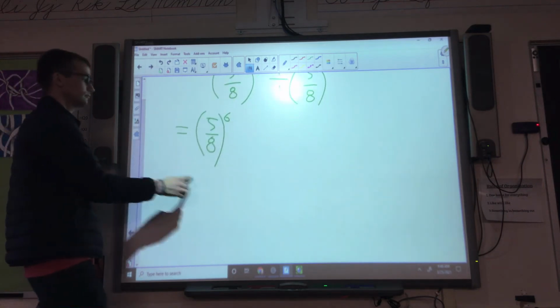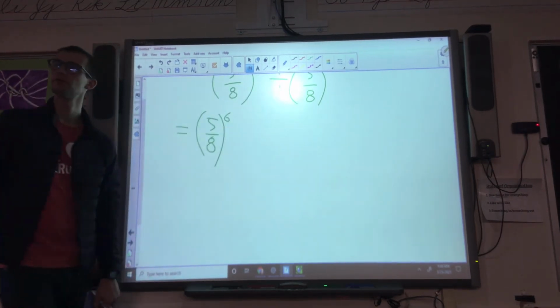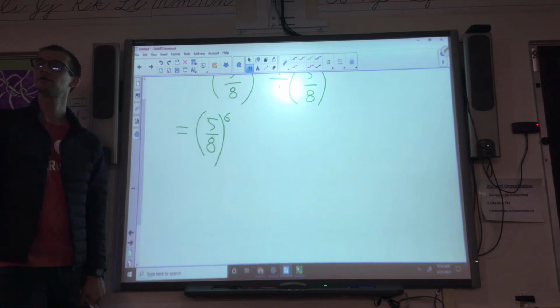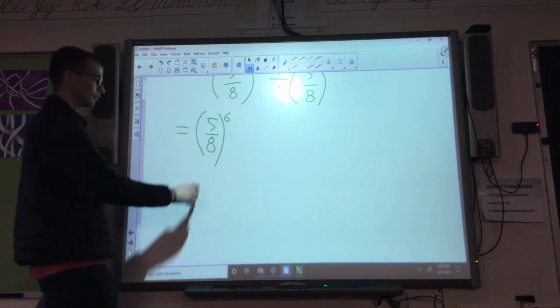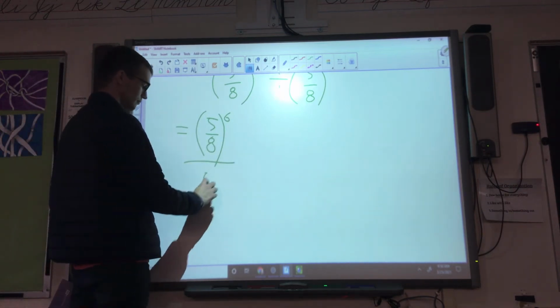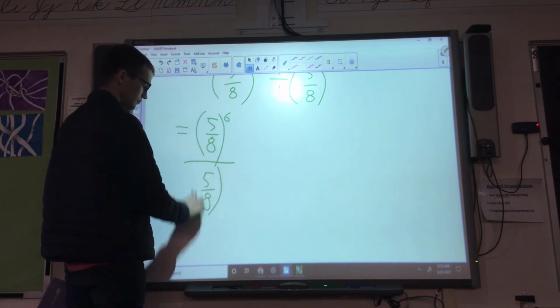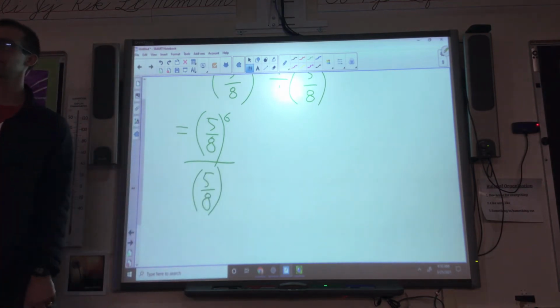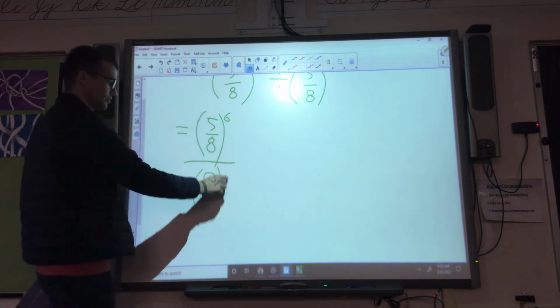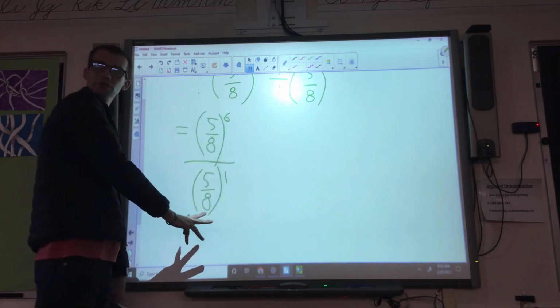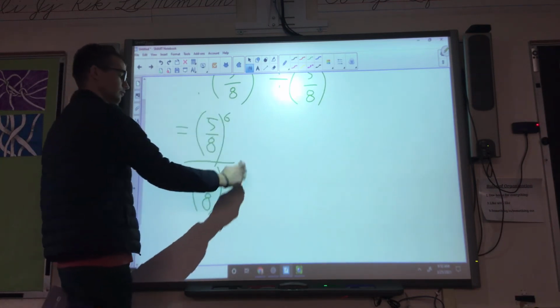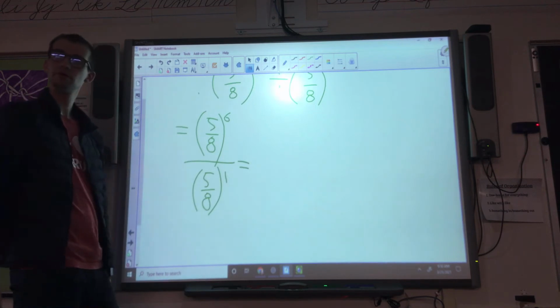Put it over 5. Like this? I'm just guessing at this point. Yes, you want to do it like this so you can actually see, hey, I have one over the other. 6 minus 1 is 5.